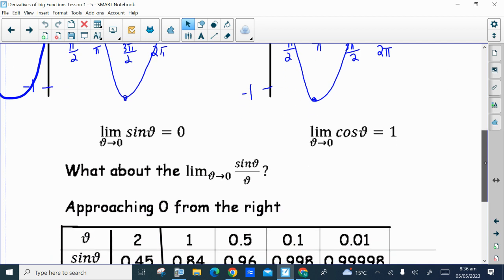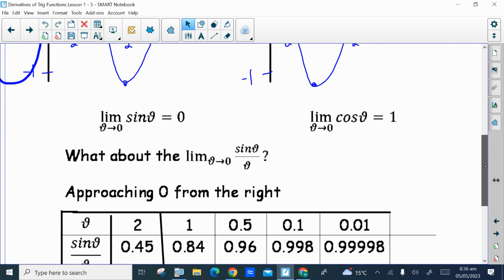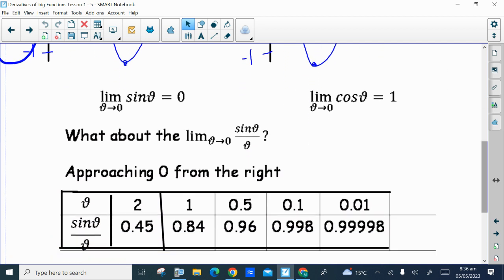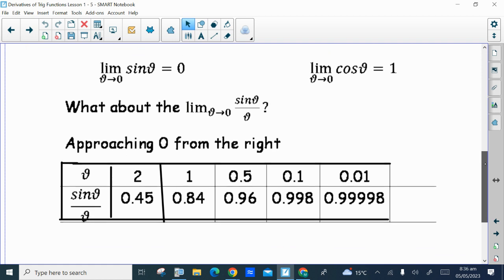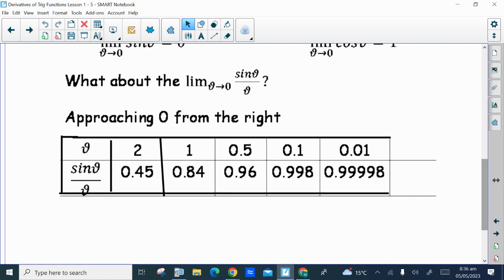What if we wanted to know the limit as theta approaches 0 of sine theta over theta? We could guess this by using a table of values. If we approach 0 from the right side, meaning the values of theta are positive, sine theta over theta is approaching a value of 1. To do this, you'd have your calculator in radian mode. When theta is 2, the sine of 2 divided by 2 is 0.45.